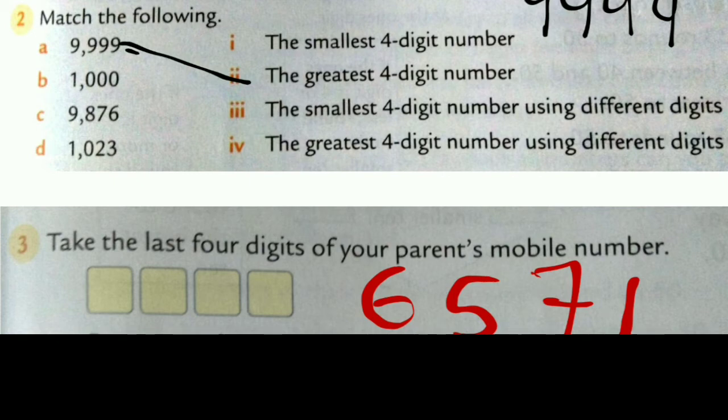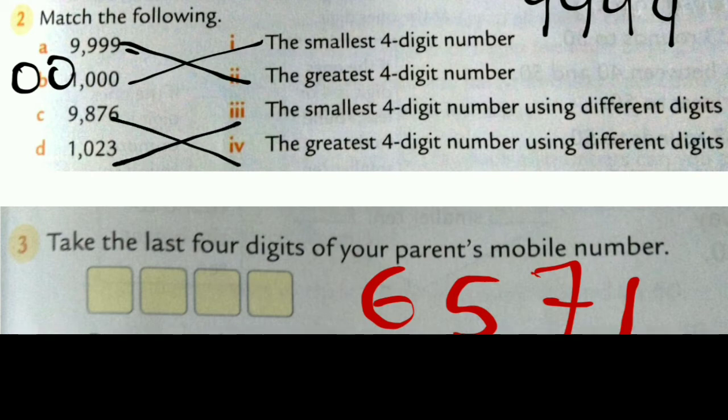Smallest one digit number is 1, smallest two digit number is 10, smallest three digit number is 100, and smallest four digit number is 1000. It means 1000 is the smallest four digit number. Next, 9876. In this one, the other two options are the smallest four digit number using different digits. So, different digits means the smallest number is this one only, and the greatest one is this one.